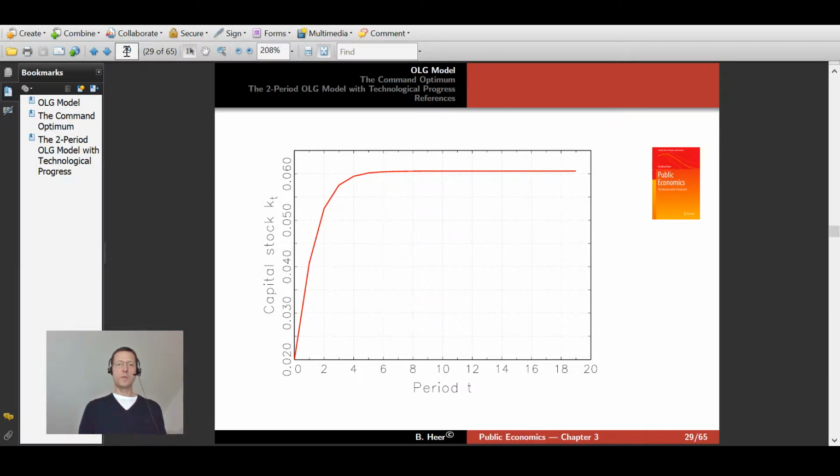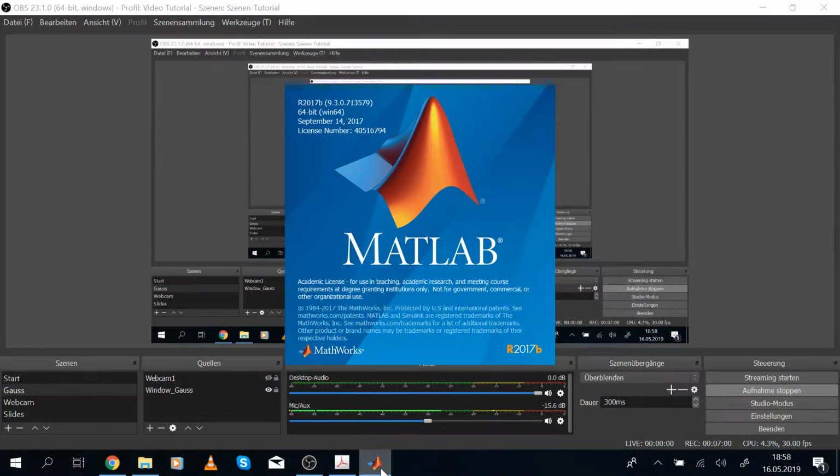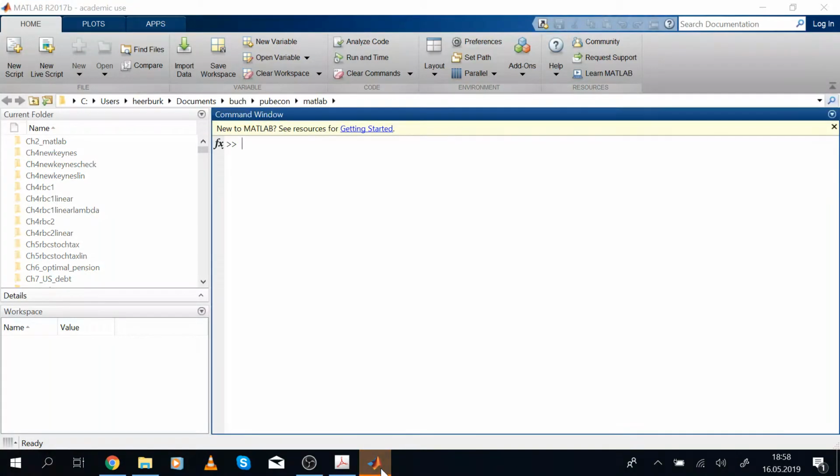So this is the economic problem that we would like to tackle, and now we get to the Matlab program that helps us to compute this model. For this reason, open your Matlab program and load the program Chapter 3 OLG dyn1.m.